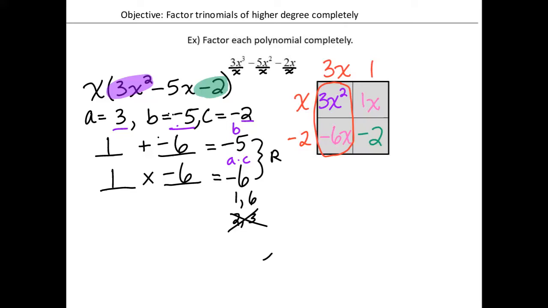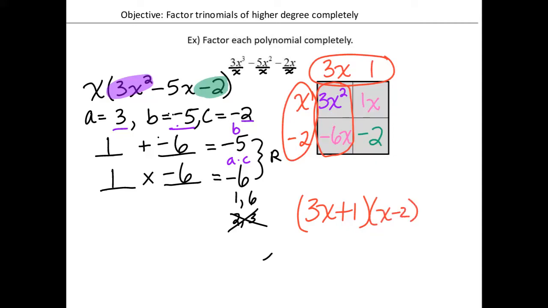And then just double check. Does 1 times negative 2 equal negative 2? Yes. That means you did it correctly. So then just write those as binomials. Take this 3x plus 1 times an x minus 2. So you just create a binomial from the two edges, okay?